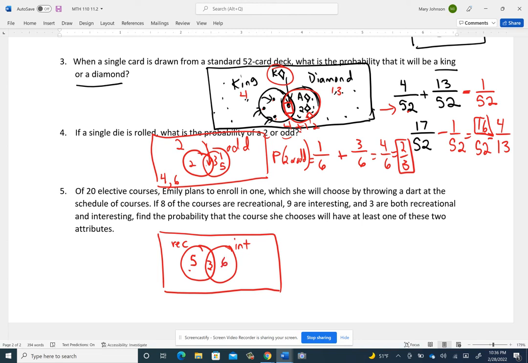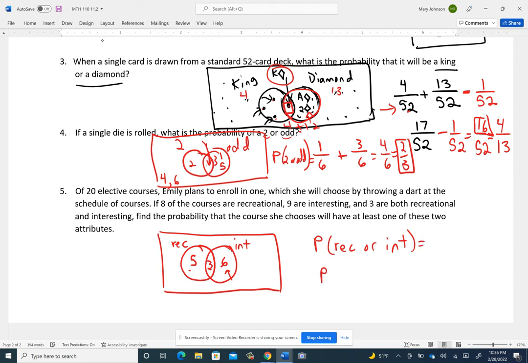So that means there'd be 6 right here, which would represent those that are only interesting, not recreational. Okay. And so it says, find the probability that the course she chooses will have at least one of these 2 attributes. So we want the probability that it's recreational or interesting. Could be both, but it has to have at least one of those.